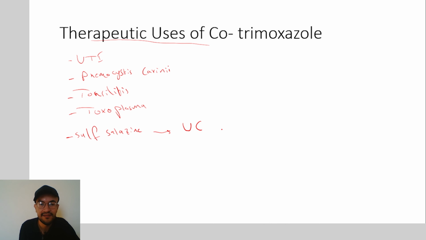The ulcerative colitis is an autoimmune disease. It is commonly present with infections in the GIT tract. So the sulfasalazine is not absorbed by the GIT tract. It only works on the lumen, and it would break down into sulfapyridine.